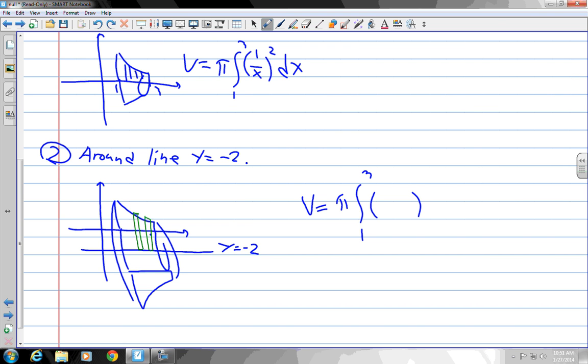And again, remember how I told you you can always think of the axis of rotation as the new x-axis? You just think about this graph with respect to this new x-axis. So it's 1 over x plus 2. It just kind of went up 2 units, right? Or just stick to the idea of, well, how do you find this length, it's the difference between these two graphs, 1 over x minus -2.